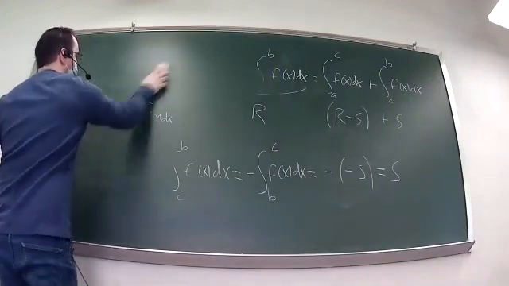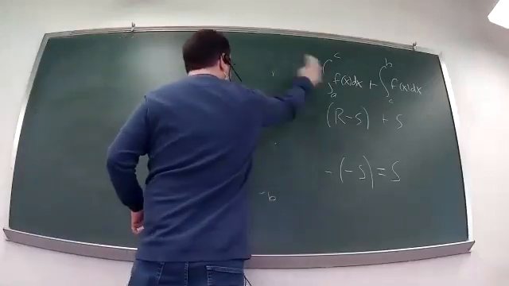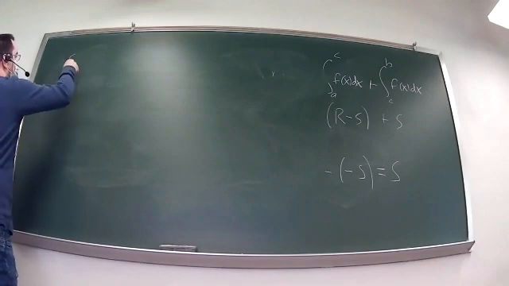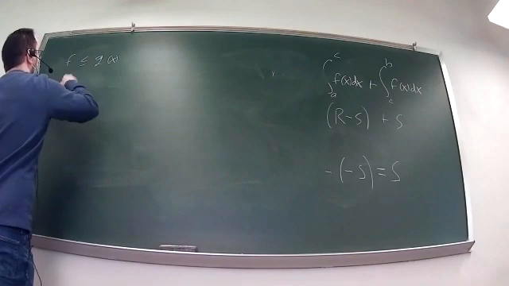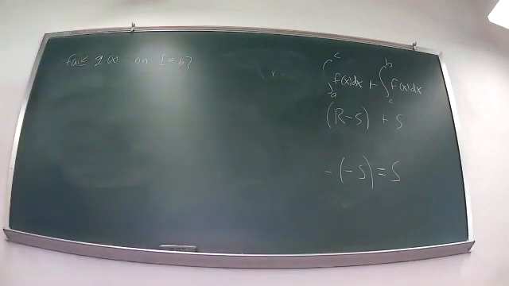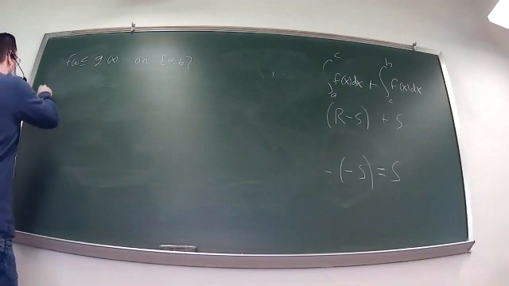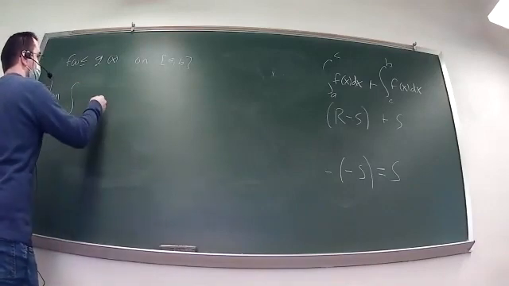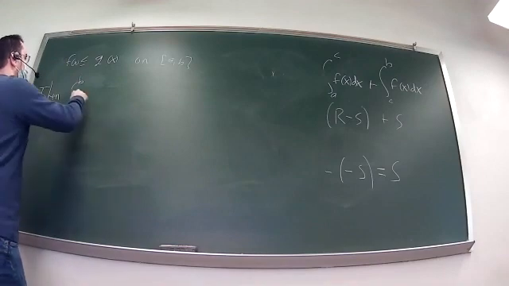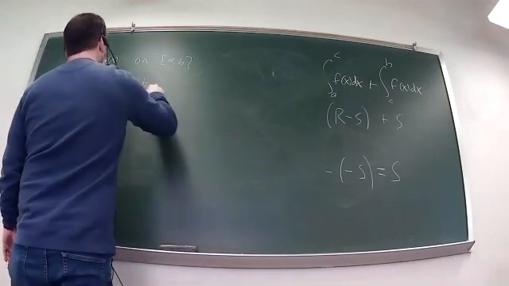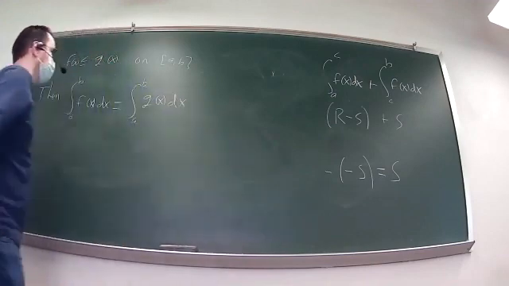And the other thing is pretty straightforward. It's this comparison theorem, which says that if you've got some function that's less than or equal to another one on some interval, meaning for every x in that interval, f of x is less than or equal to g of x, then what you can say is that the integral from a to b of f of x is also less than or equal to the integral of g of x.